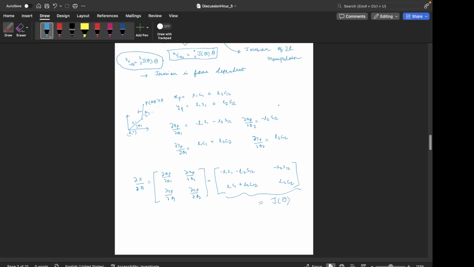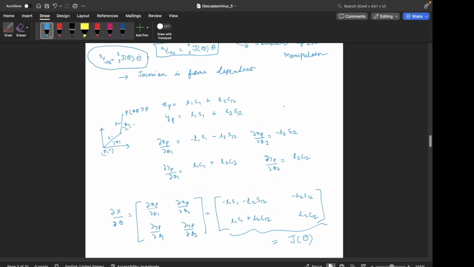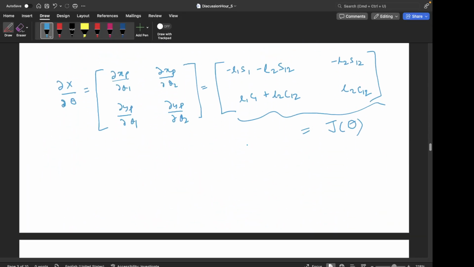So now this Jacobian also holds some very important information. First I should write that we can get the end effector velocity using the Jacobian, and if I know the end effector velocities and the joint angles, then I can basically do the inverse of the Jacobian.